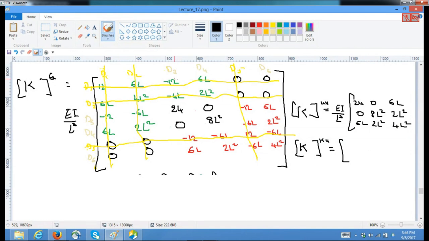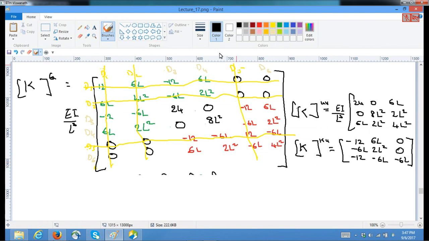So these ones make up KU: minus 12, 6L, 0, minus 12, 6L, 0. Just see only through which your horizontal line is passing, and there is no vertical line. That is minus 12, 6L, 0, minus 6L, 2L square, 0, and minus 12, minus 6L, and minus 6L.